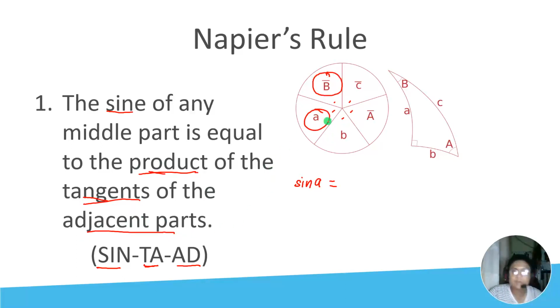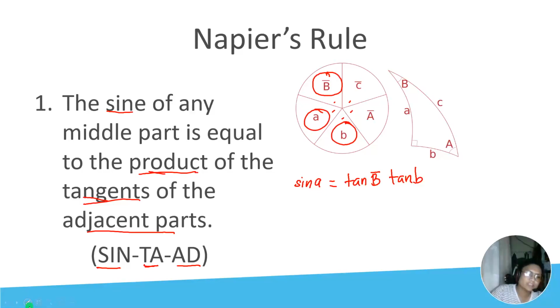Bar B and angle B. Therefore, I can write this solution as tangent of bar B times tangent of side B. Okay?